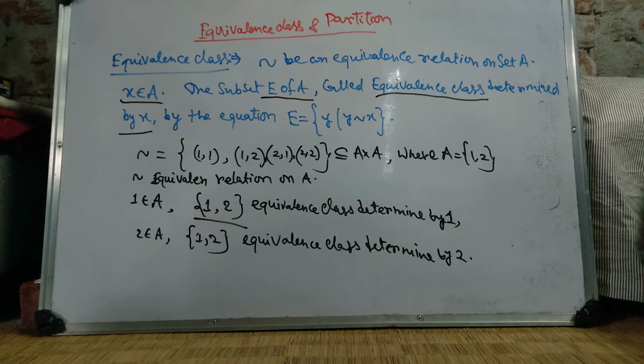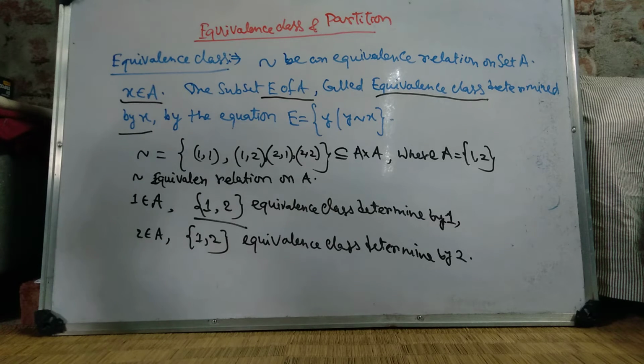Now we understand this. First we studied that a relation is a subset of the Cartesian product A cross A, and second, an equivalence relation is obviously a subset of A Cartesian product A and obviously follows reflexivity, symmetry and transitive properties.